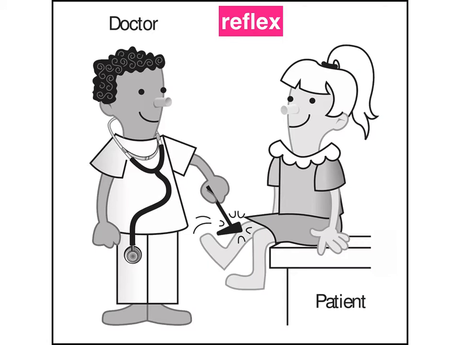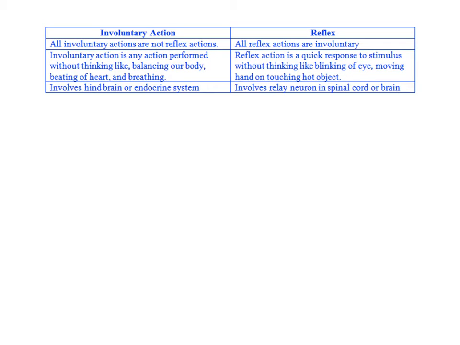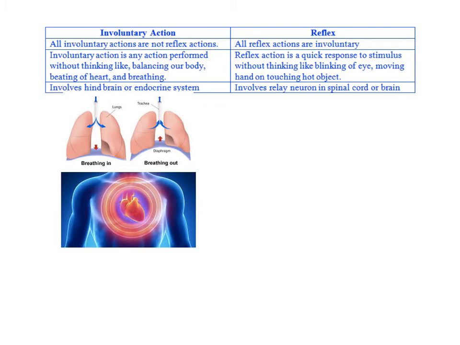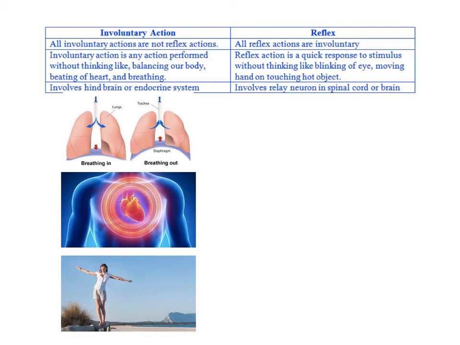But there are other kinds of actions that are not voluntary. For example, reflexes, or also involuntary actions, which is something different, right? Involuntary actions have to do with automatic processes in your body, like respiration, your heartbeat, or digestion, or balance.